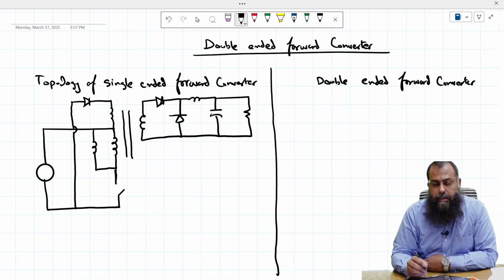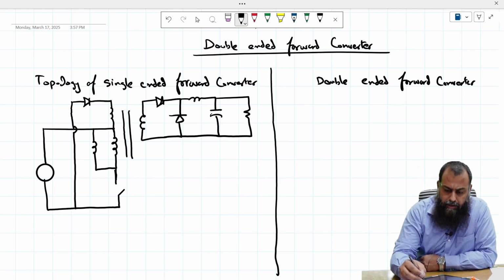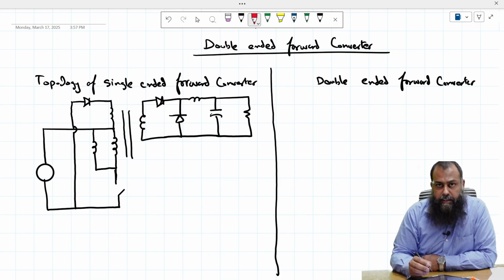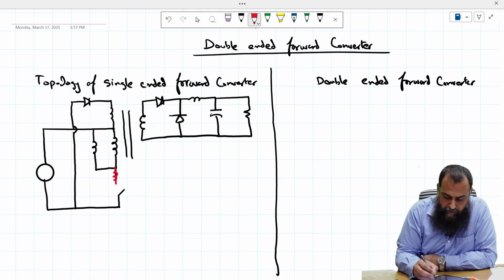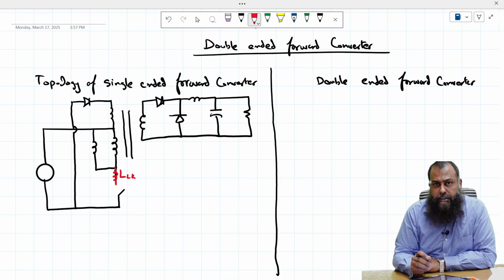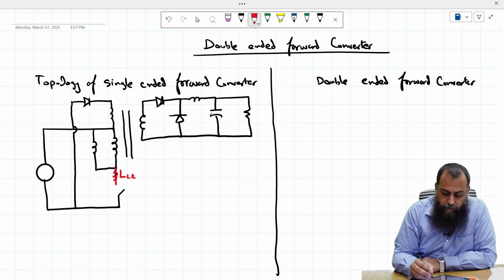So the problem with the conventional single-ended forward converter is that any leakage inductance associated with the winding here, which is sometimes referred to as the LLK, during the demagnetization of the core or the resetting of the core process, there is no way that the current flowing through this LLK can be freewheeled.